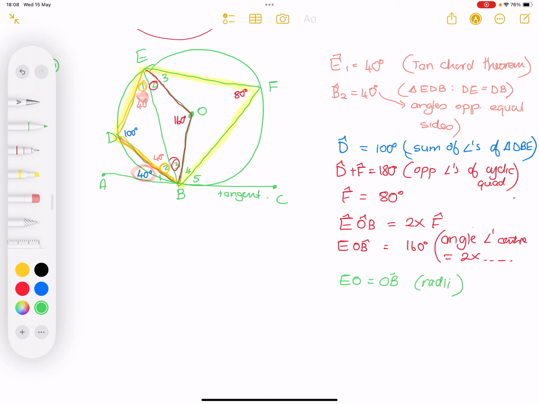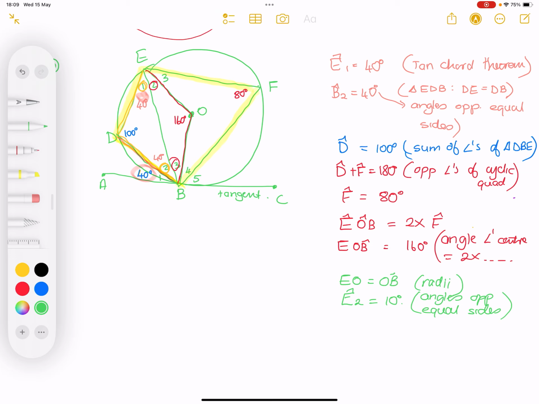So then we can say 180 minus 160 is 20, divided by 2 is 10. So angle E2 is equal to 10. Angles opposite equal sides, and it's also the sum of the angles of a triangle.